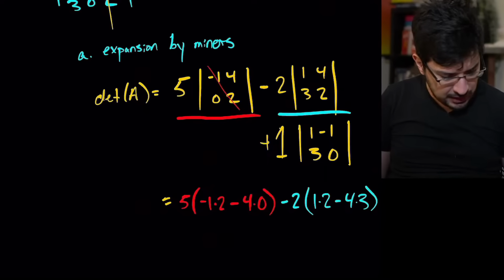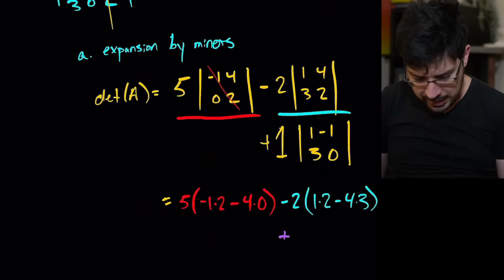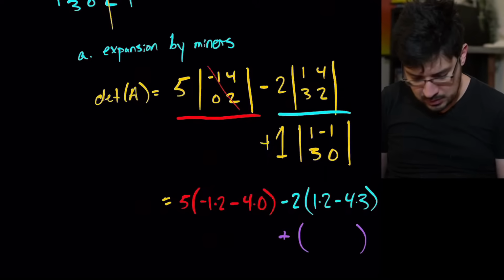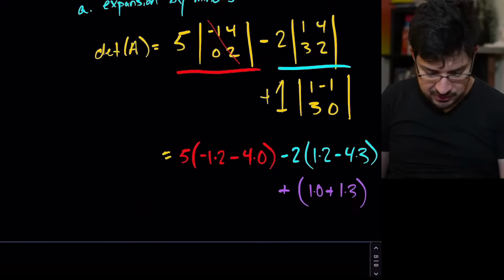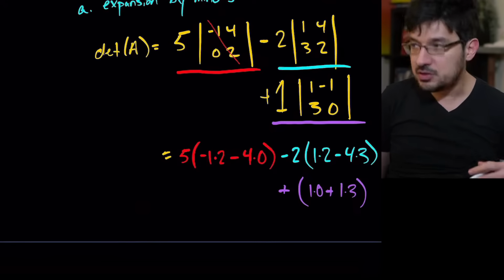And then in purple, we have plus 1 times 0 minus negative 1 times 3 plus 1 times 3, right? So does that make sense? Do you see how I'm doing these things?